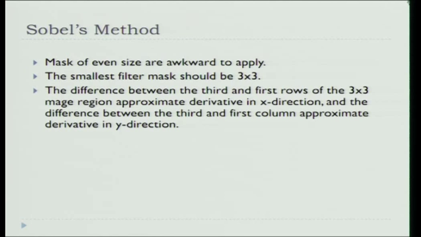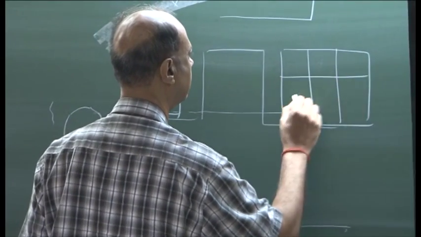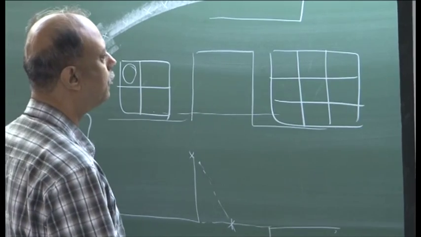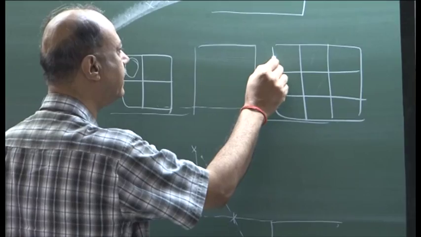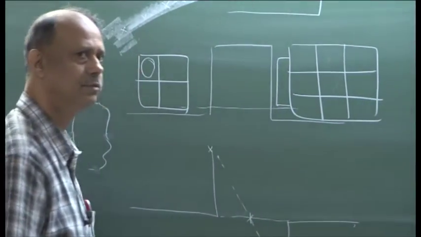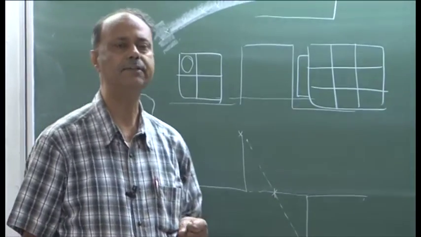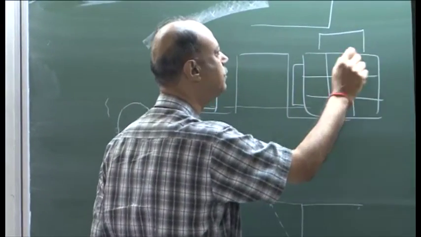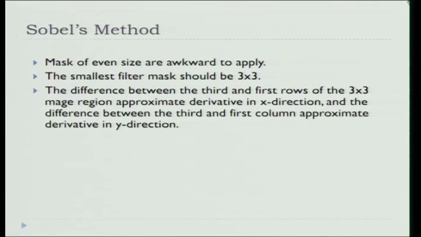That means, you have a 3 cross 3 sub-image. So, in order to get the first estimated value of the first derivative, you will be obtaining the difference between these two, and in order to get the first derivative approximation with respect to the y direction, you will be getting the difference between these two, first and third.